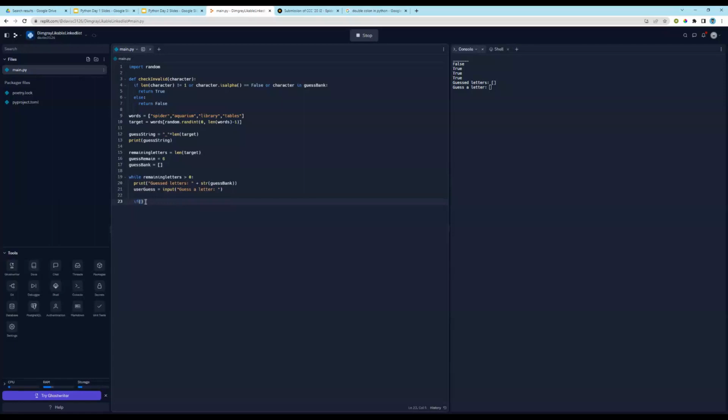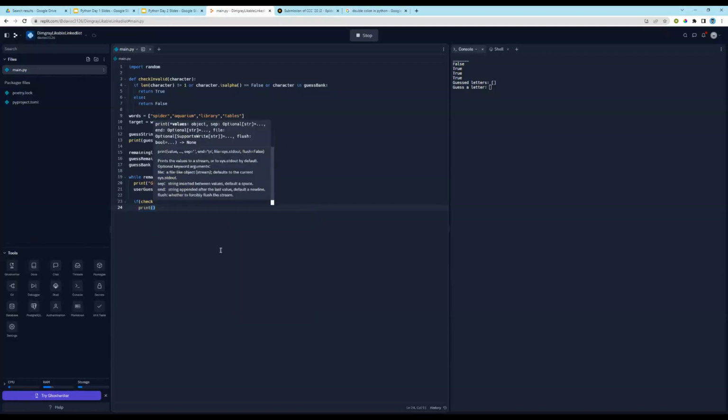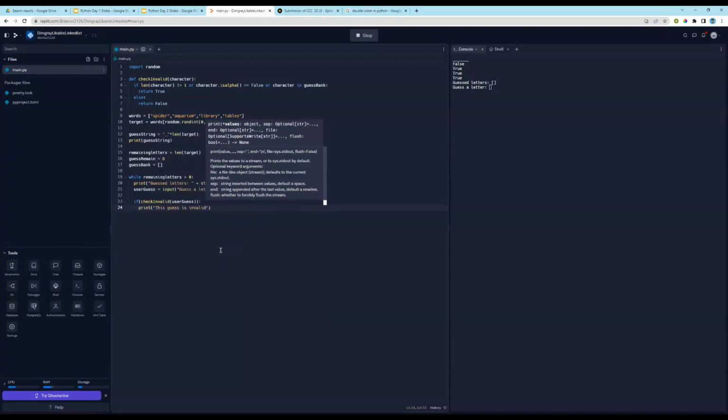So if we check if the user's guess is invalid, that means we'll tell them to redo their guess, right? We'll just print, oh, this guess is invalid.